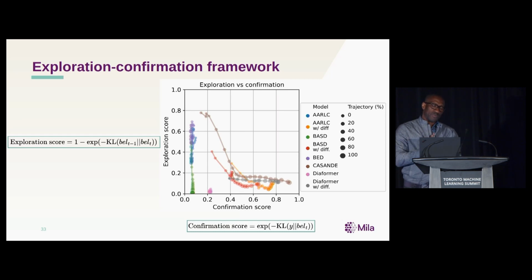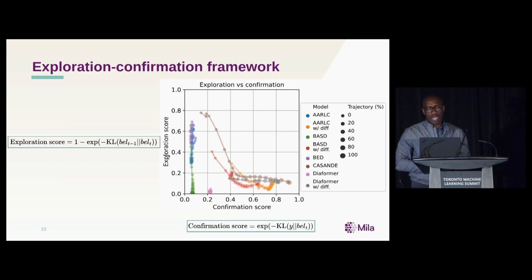We wanted with this plot to assess the quality of the interaction. So basically what we are doing here is plotting, in the exploration-confirmation space, the trajectory of the interaction for each agent. On the y-axis, we have the exploration score.